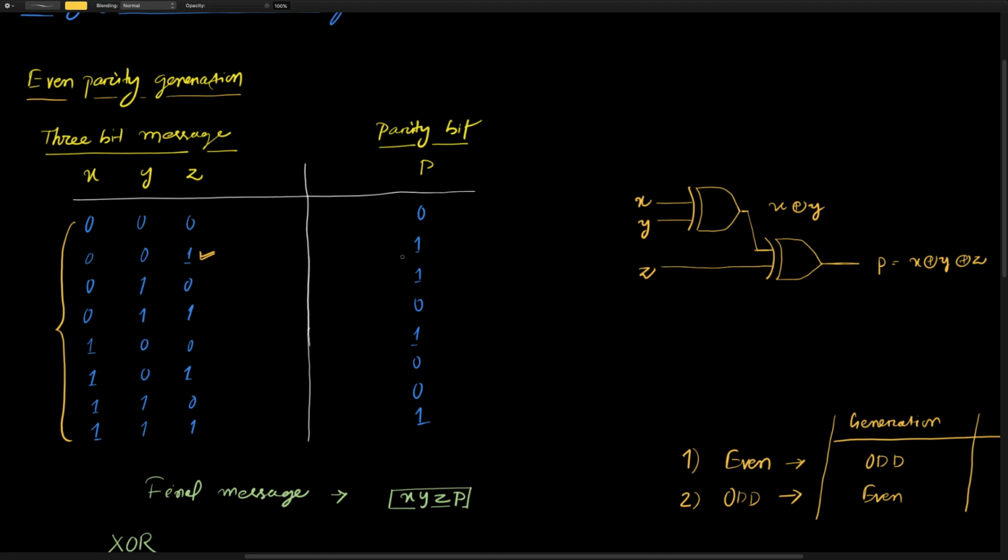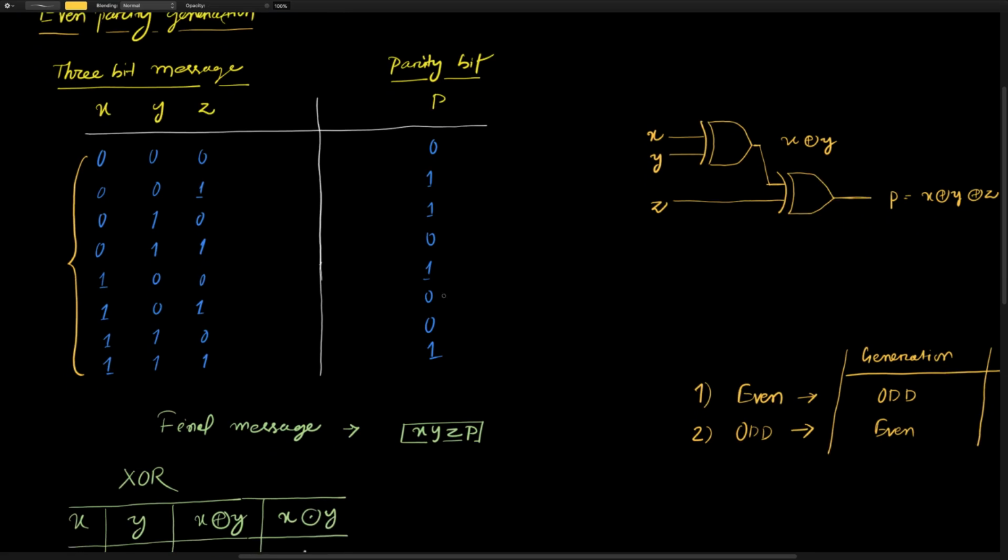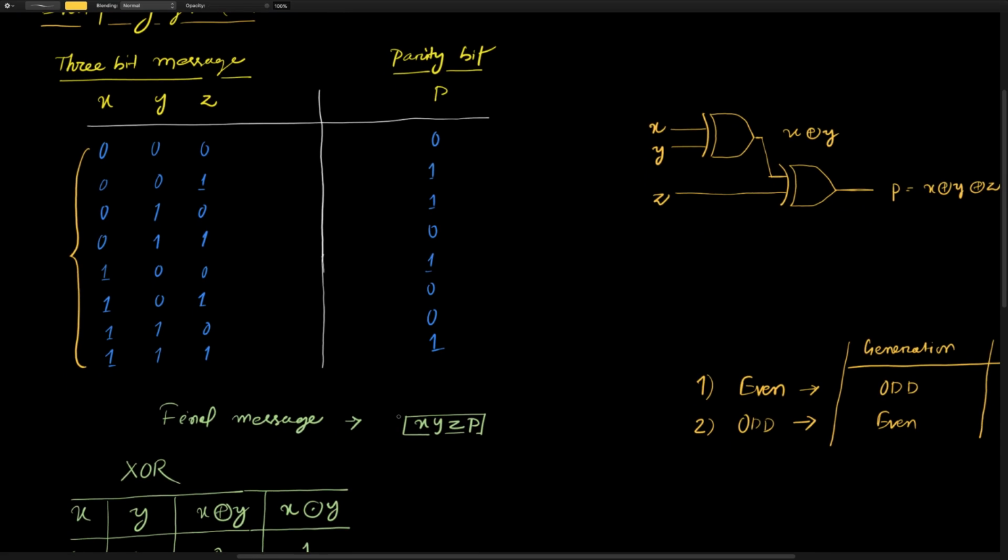So your parity bit P should be an extra one such that this whole message contains 2 ones, and that becomes an even combination, and that's exactly what even parity generation is all about. And accordingly all the other messages are also created.